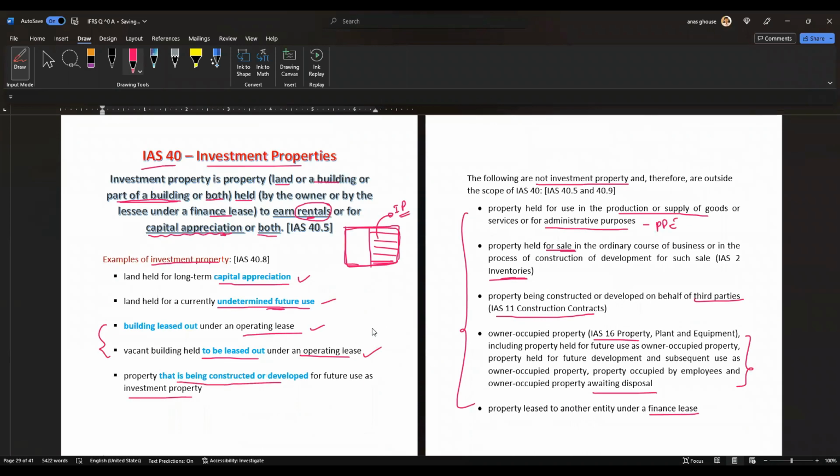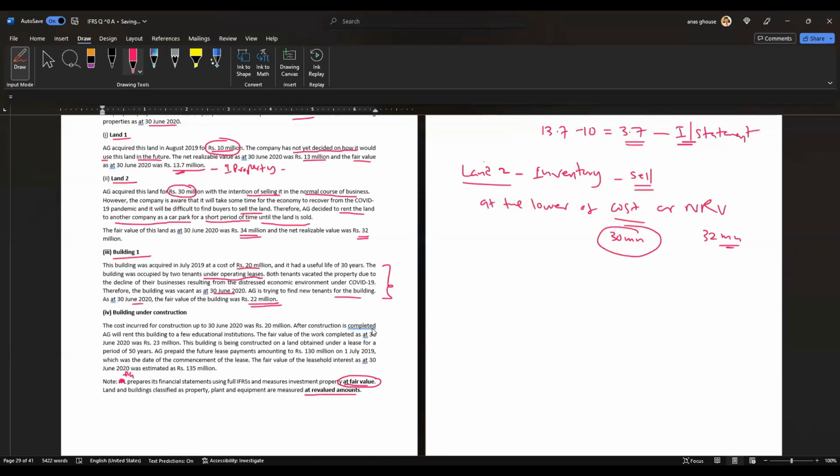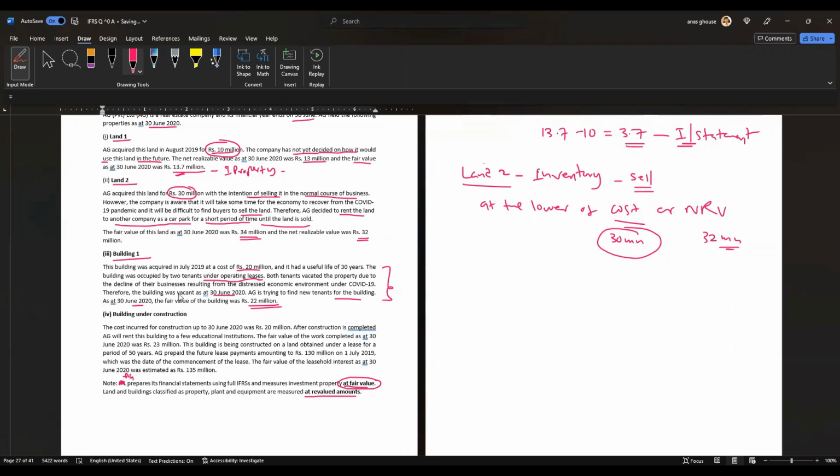So this property is currently vacant as of 30th June, but they are trying to find new tenants to be leased out. So therefore, this particular building number one has to be treated as investment property.